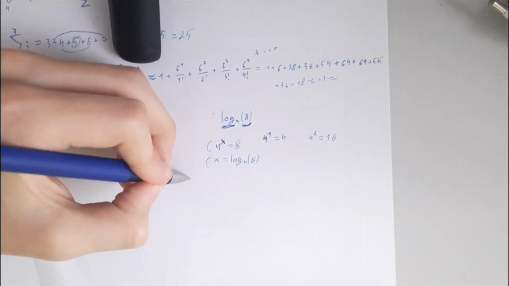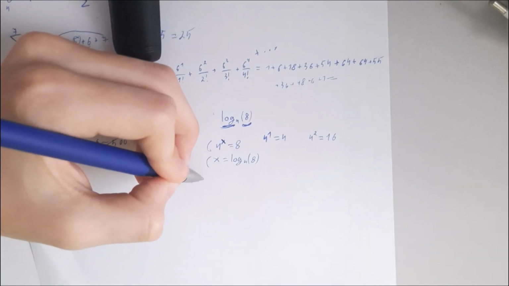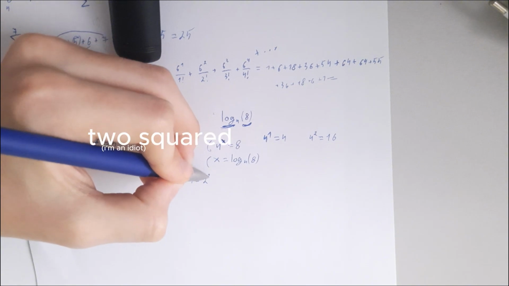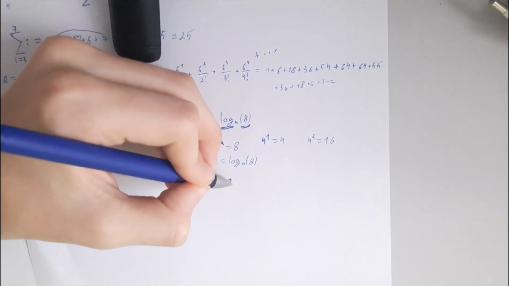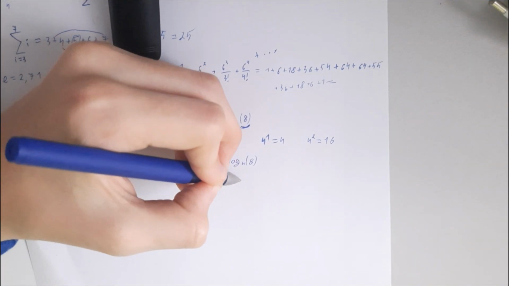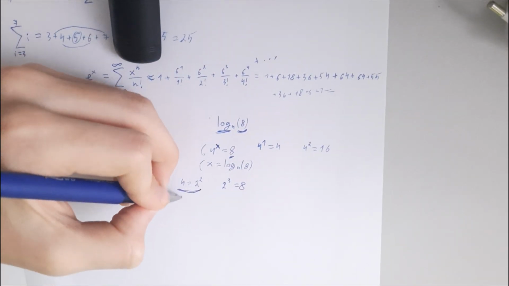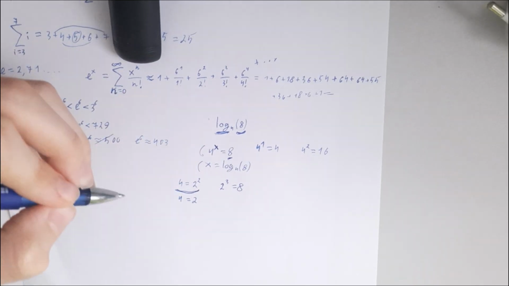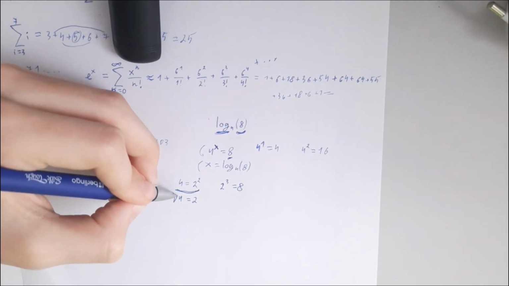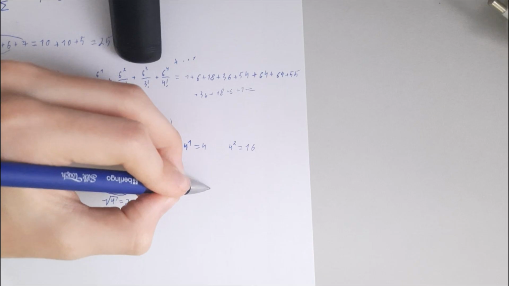We can imagine 4 as 2 to the power of 2. And also 2 to the power of 3 is equal to 8. That's what we need. So we need our 4 to be 2. And that's easy, that's just a square root.